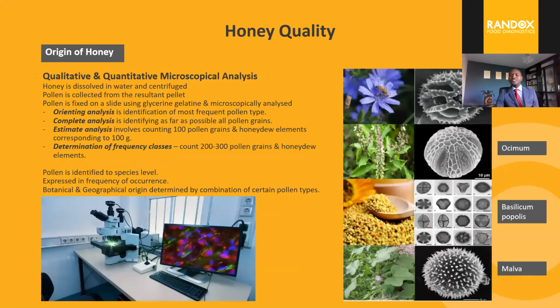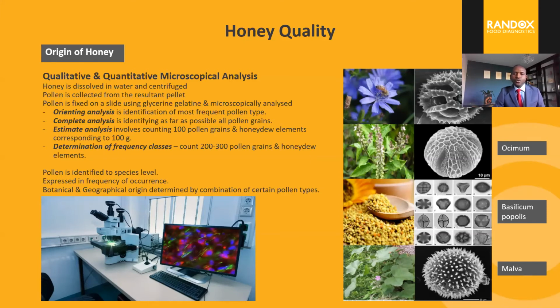Now, when we talk about scientific honey assessments, how do you test honey for quality? The origin of honey is tested, or classified, using pollen, because plants have different types of pollen. If you go to one plant, it is one type of pollen. If you go to another type of plant, its flower will have a different type of pollen.